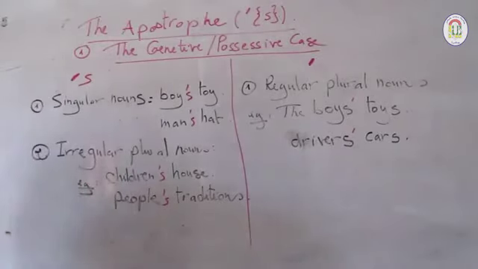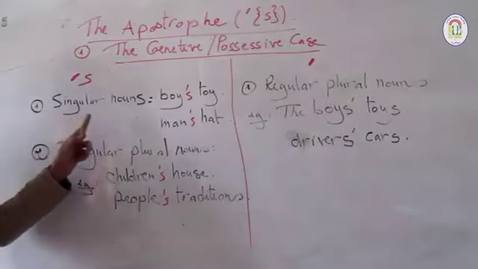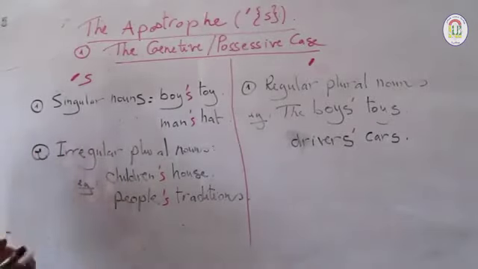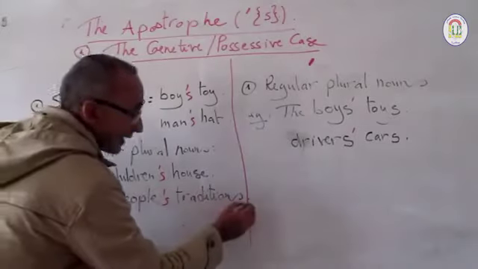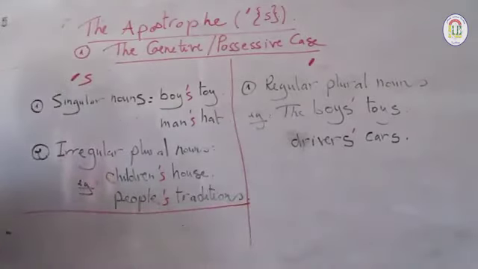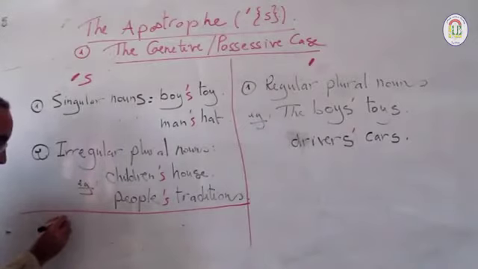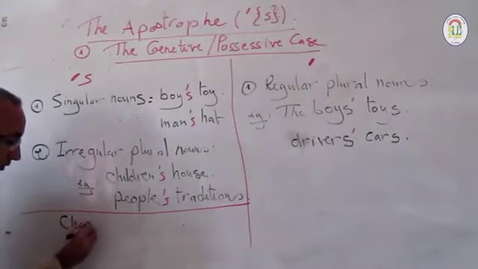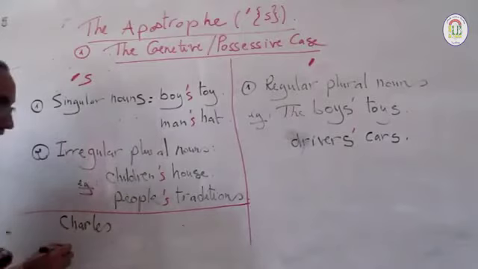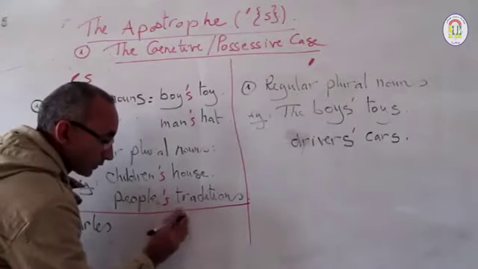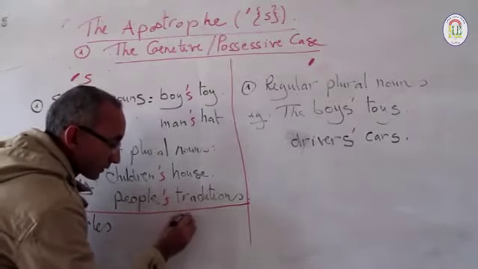Number two, a remark about singular nouns and the apostrophe S. Now, what about the singular nouns which end in S, like Charles or, for example, Jones?